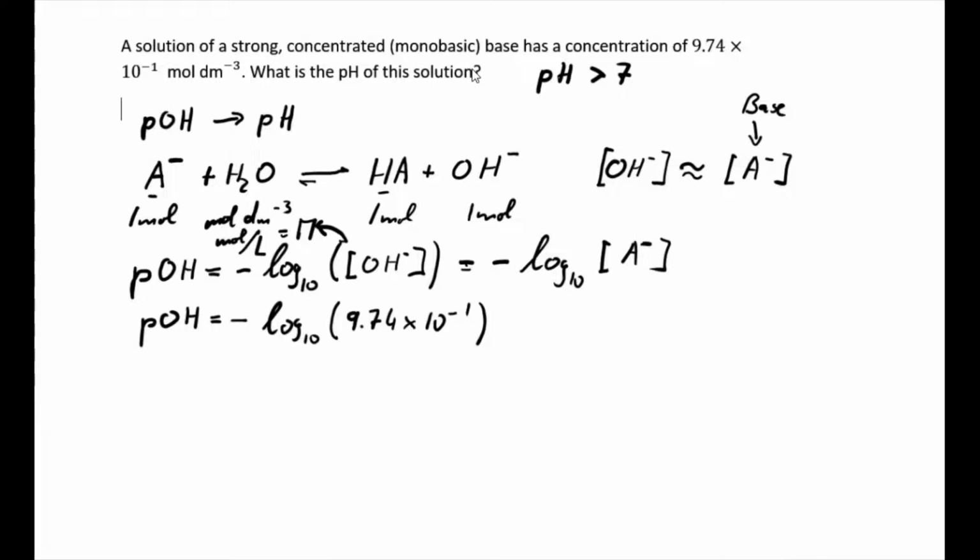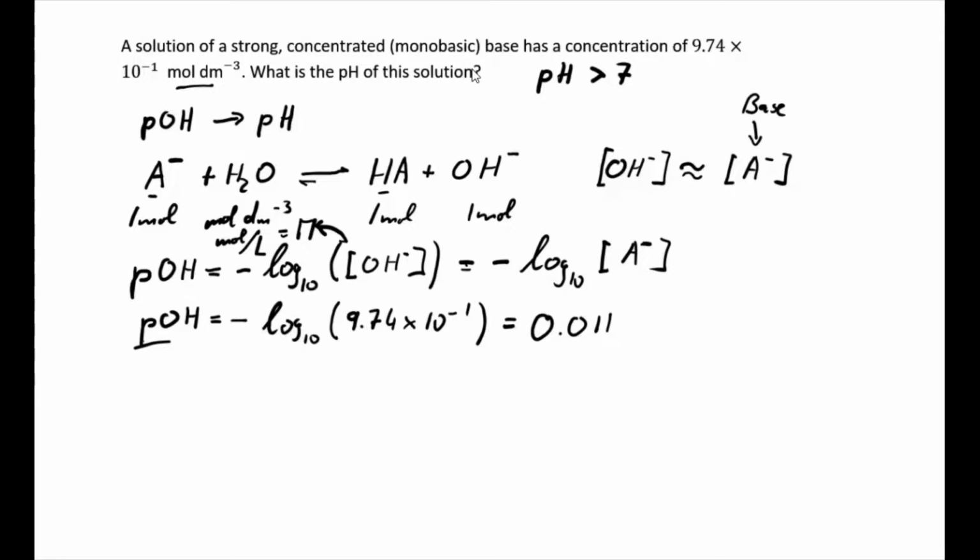But we've got it already in the correct unit, so we just simply can put this into a calculator, and we would get a pOH value of 0.011 roughly.